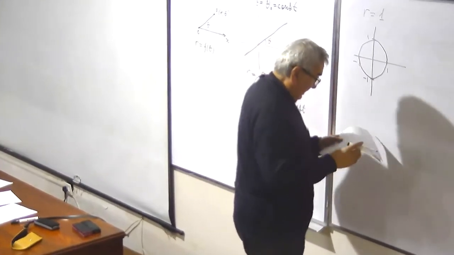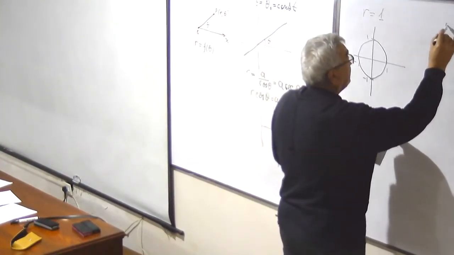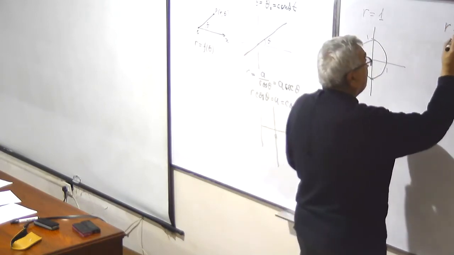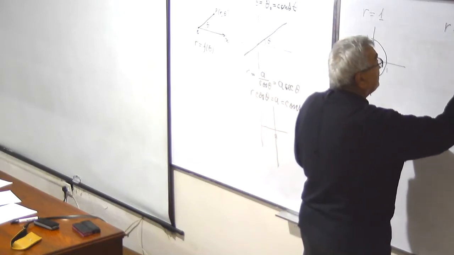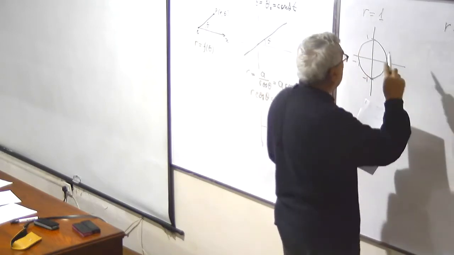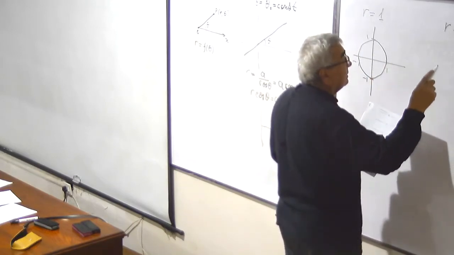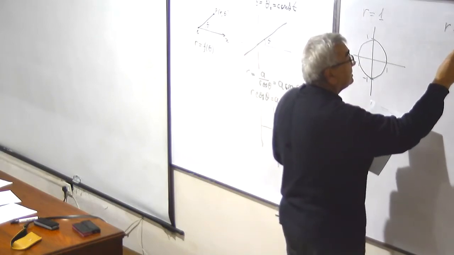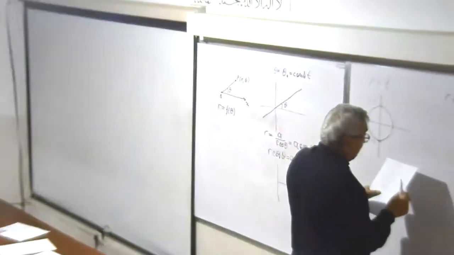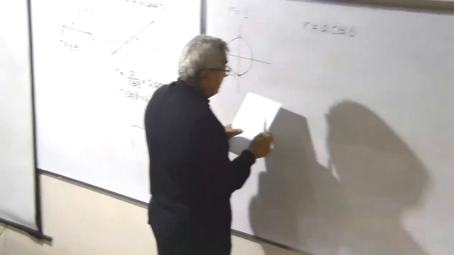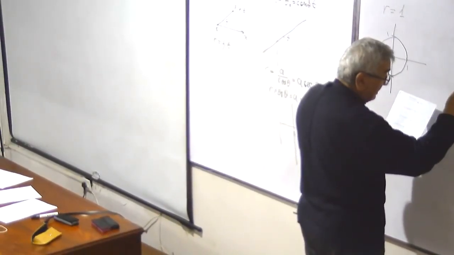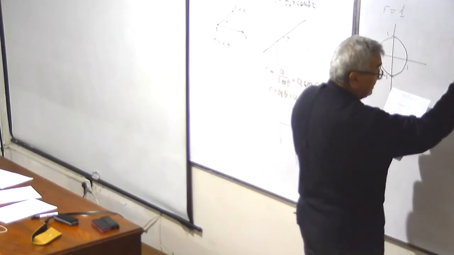If we take the other one, r equal to a cos theta, this will also be a circle, but the radius of the circle will be equal to a by 2, and the center will be on the x axis at distance a by 2.